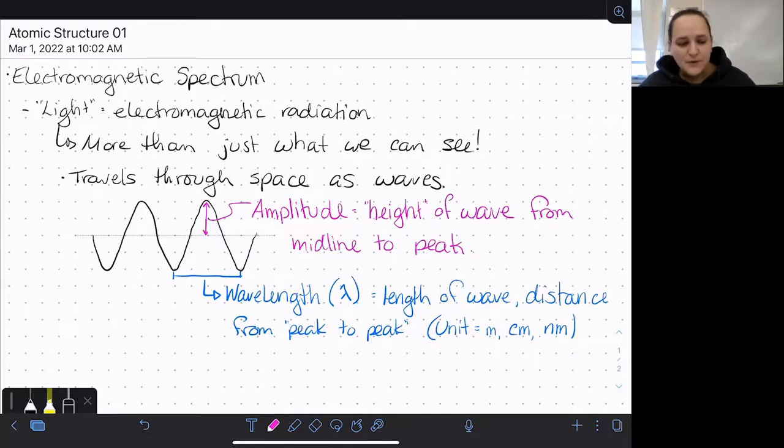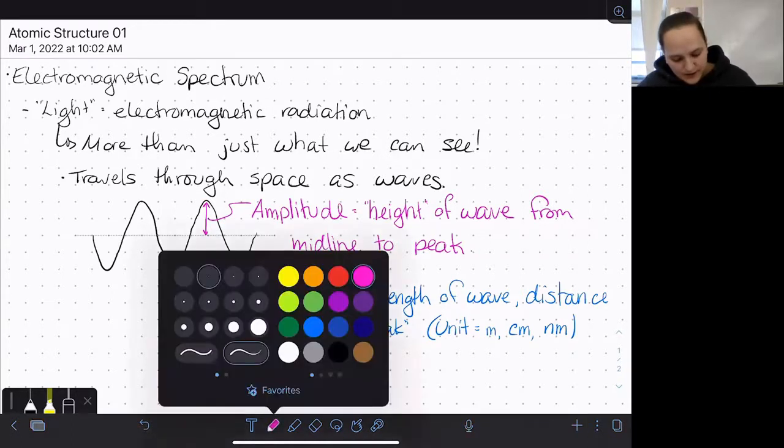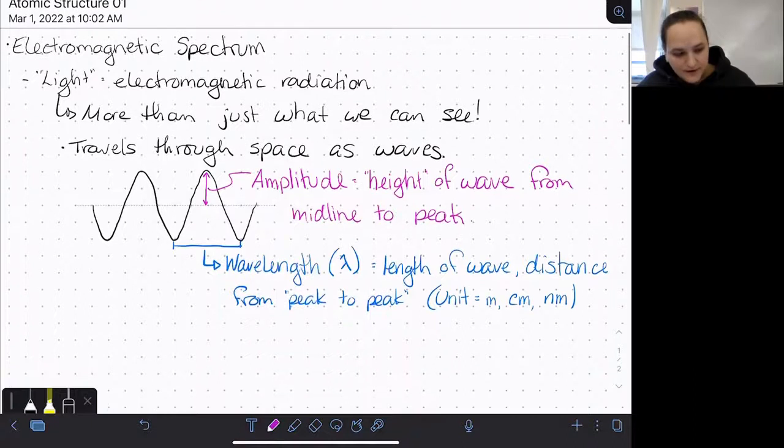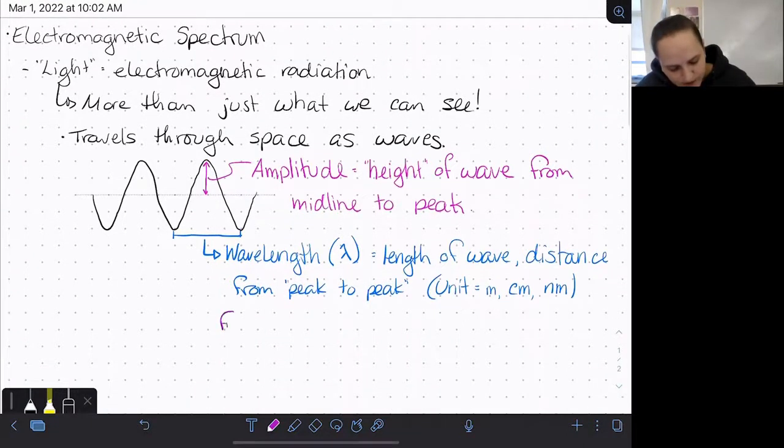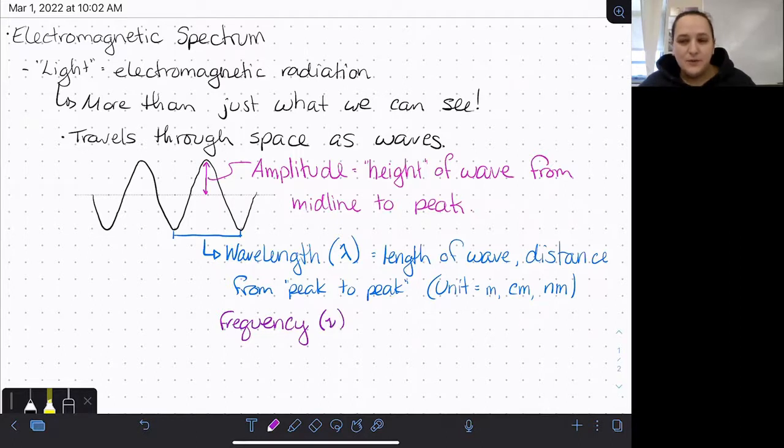So wavelength is more what we will focus on, and wavelength is related to another factor that can't be drawn on the graph here. It's not a physical feature, known as frequency. Frequency is symbolized by the Greek letter nu, which is a squiggly V. My nu is not very good looking.